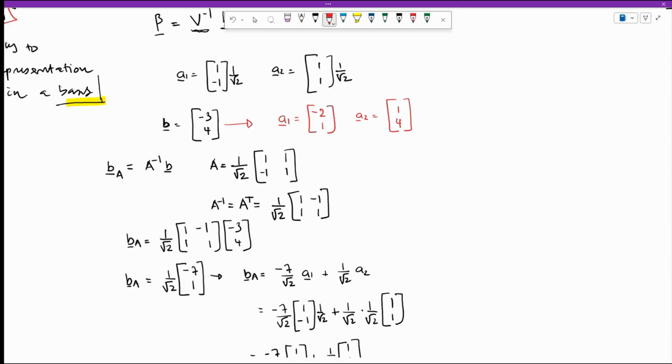Are they orthonormal? So do A1 and A2 form an orthonormal basis for R2?